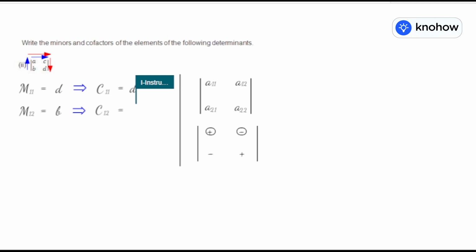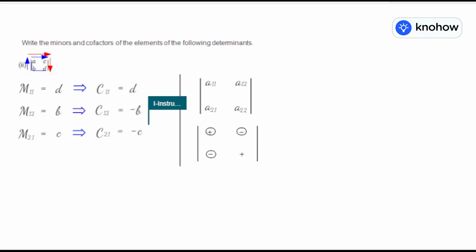The sign here is negative, so it will be negative B. Then, what is the minor of B? The place is 2, 1. What is M21? Delete the row and column through B, you get the opposite number C. And what about the cofactor C21? The sign here is negative, so it will be negative times C.